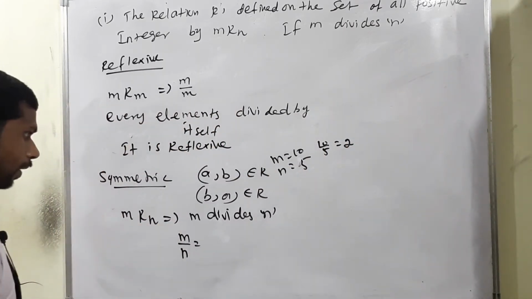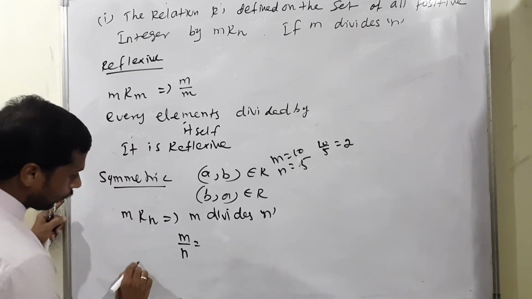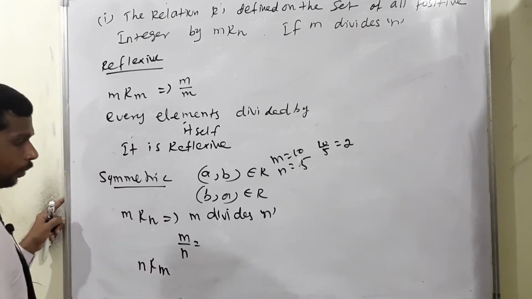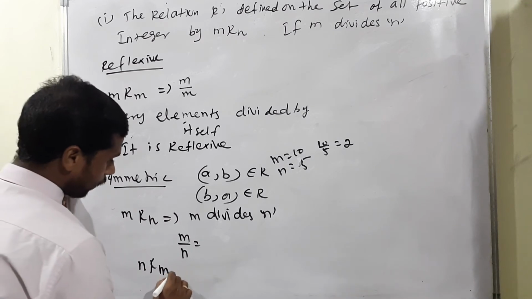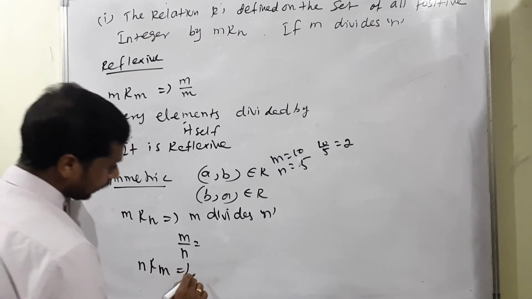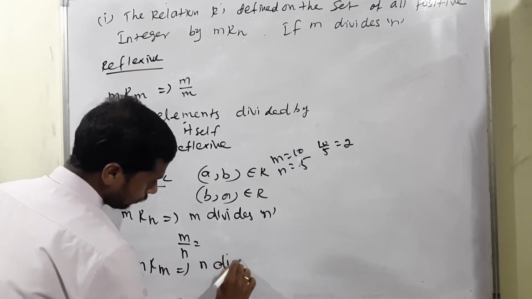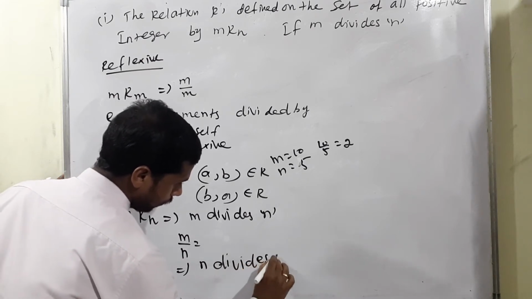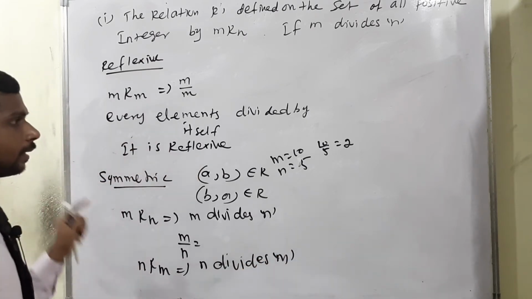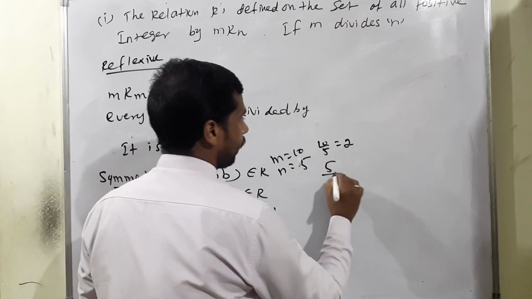At the same time, n related to m means n divides m.